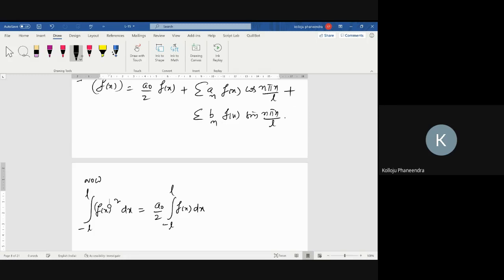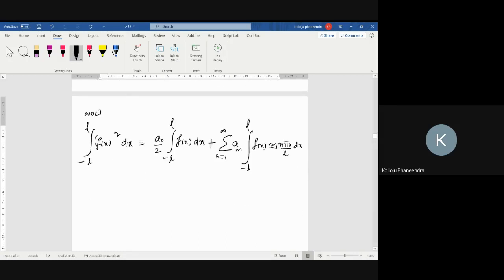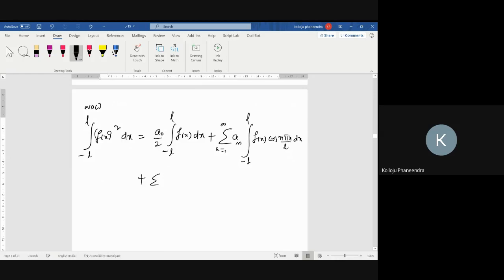Coming to the second term, summation always for an and bn, n is from 1 to infinity, an integration of f of x into cos n pi x by L dx, plus bn, n is 1 to infinity, integral minus L to L f of x into sine n pi x by L dx. This is equation 2.